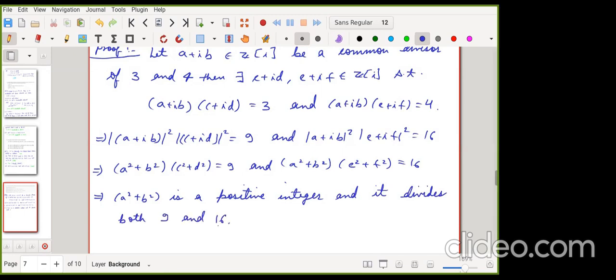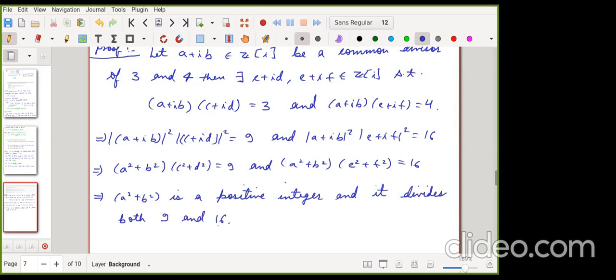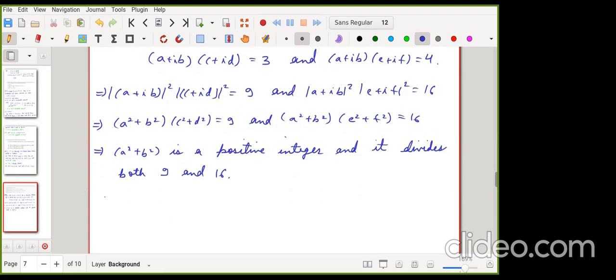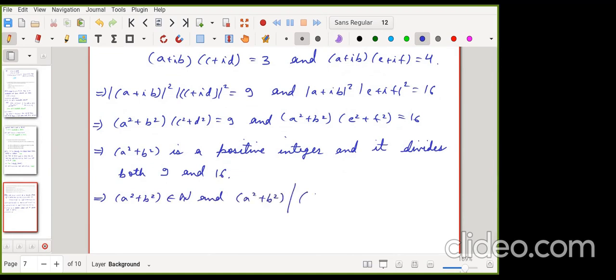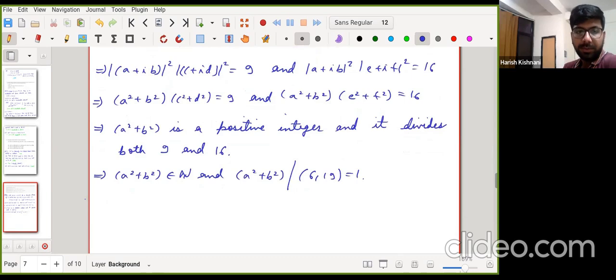So a positive integer that divides both 9 and 16. So definitely a square plus b square belongs to the natural numbers and divides the GCD of 9 and 16, and the GCD is nothing but 1. So what is the possibility for a square plus b square? It has to be 1, right?